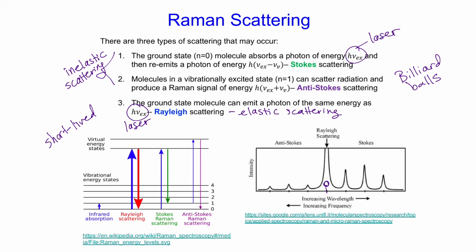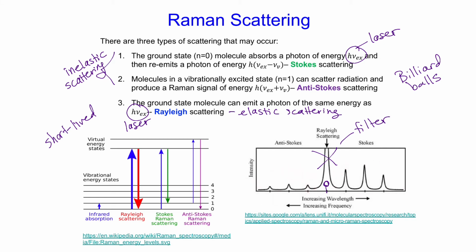Practically, when you do one of these Raman experiments, you're going to filter out your Rayleigh peak. You're going to filter out that giant center peak. So normally you would not observe this. That's where our filter comes in. That's just because that strong signal from your Rayleigh scattering will really overwhelm the smaller signals from your Stokes or anti-Stokes coming through.